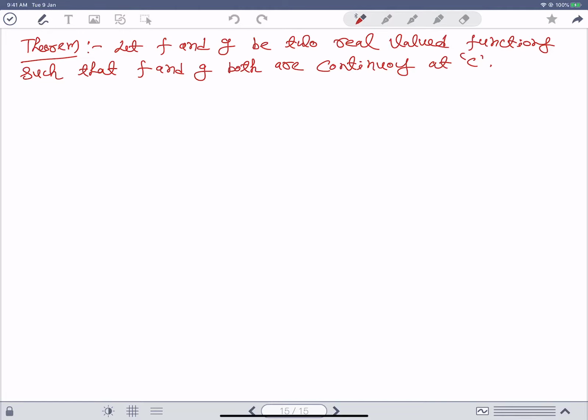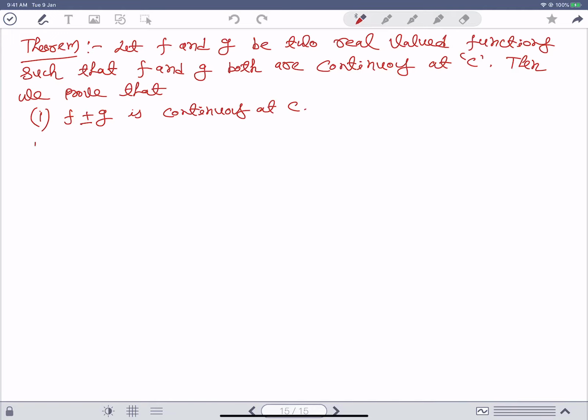Okay, now then we prove that, first of all, f plus g, this is a new function, is also continuous at c, and f minus g is also continuous at the point c.